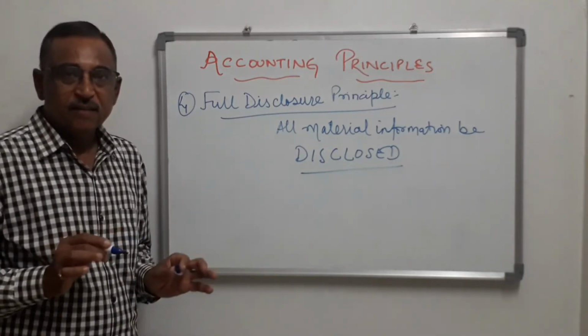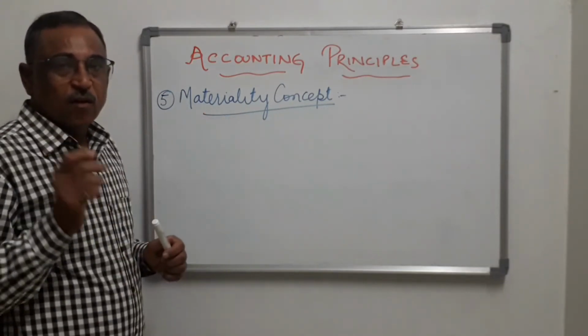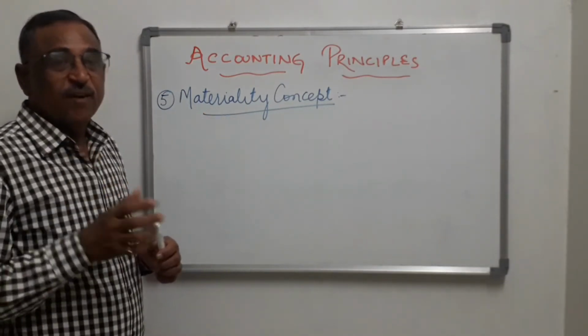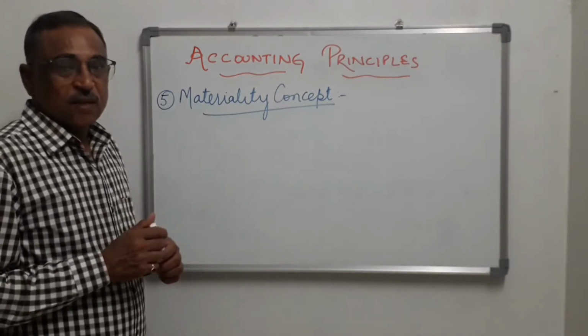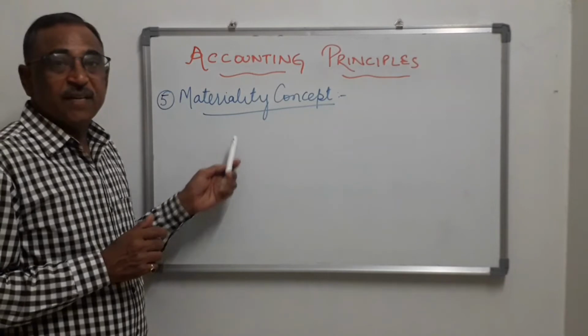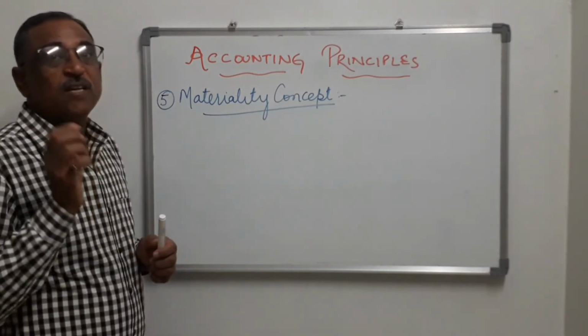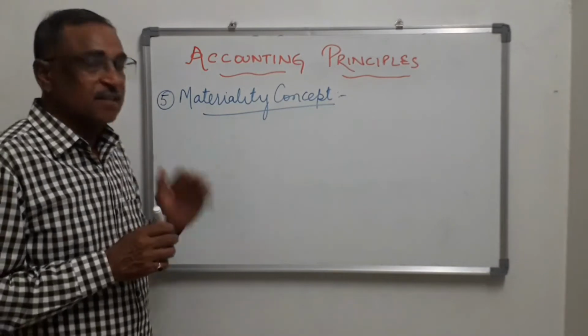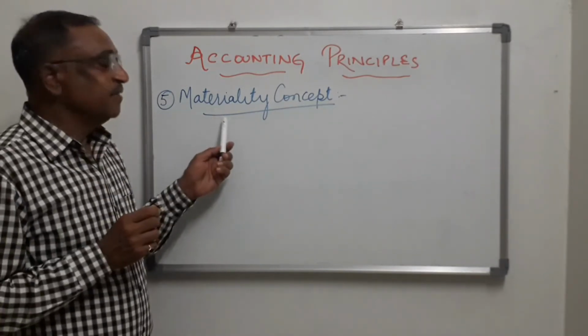Clear? According to the materiality concept, all the information which is relevant should be disclosed, and this concept is an exception to the principle of full disclosure that we read just now. It is a subjective term.